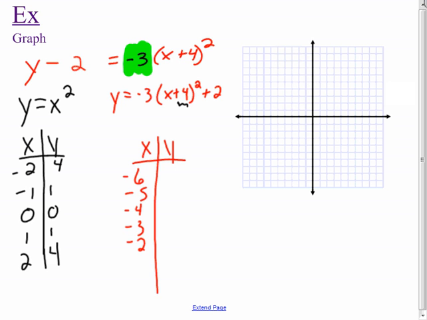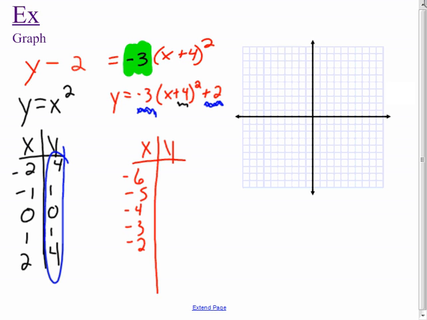As I said beforehand, there's that multiplier of -3, and it says +2. Since it's on the outside of my y, I do the exact operation. So all these y's will be multiplied by -3, and then I'm going to add 2. Think about your order of operations. You do the multiplication first before you do the addition and subtraction.